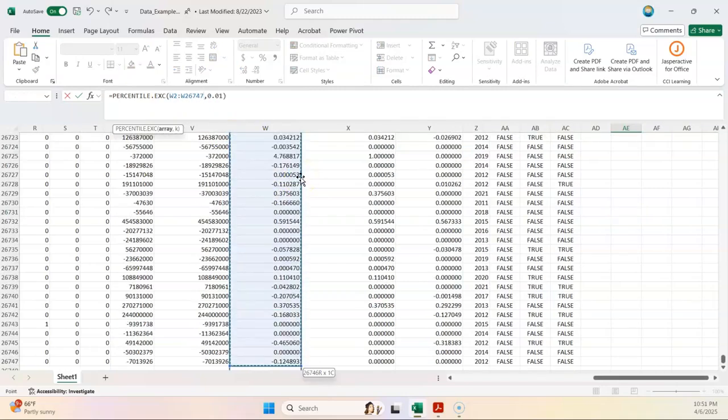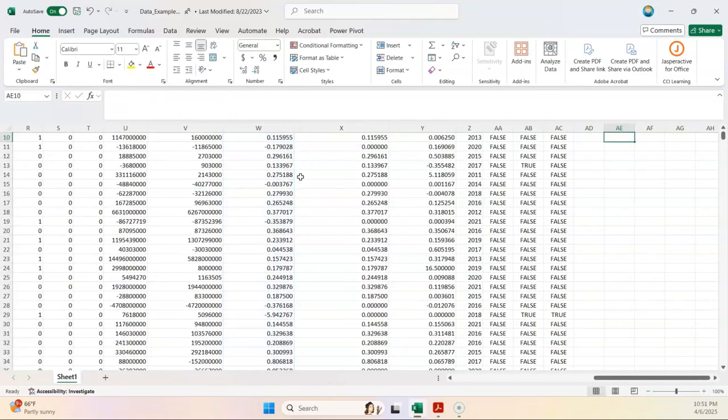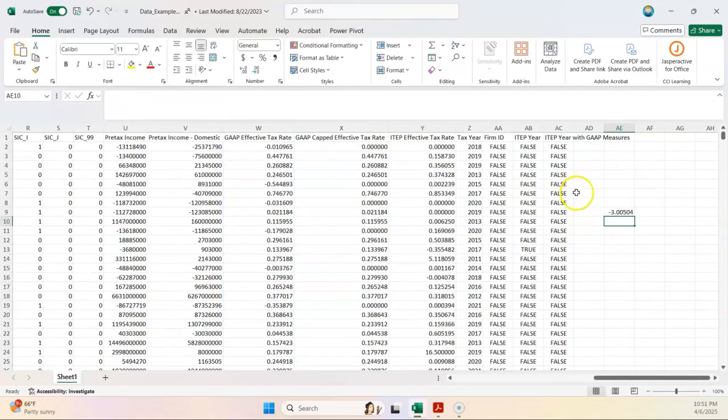I did Control Shift and pushed down on that, and that selected my data. And there we go. So the first percentile would be at negative 3.00. Now, W and X are in percentages, so that's actually a negative 300% tax rate, which is insane.